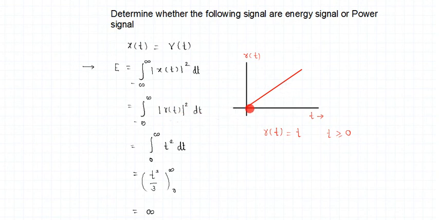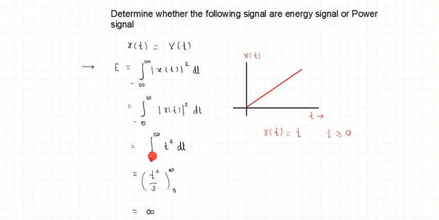As t is 0, r(t) takes 0. When t is 1, r(t) is 1. When t is 2, r(t) is 2. It means that r(t) is nothing but t. So we'll replace r(t) by t, and the equation modifies to t square dt.